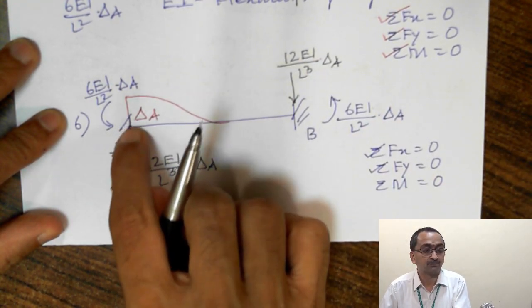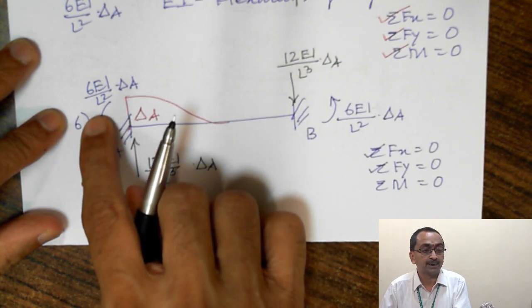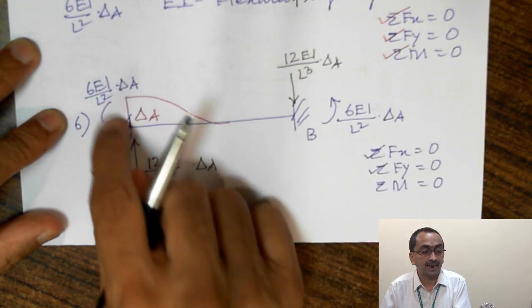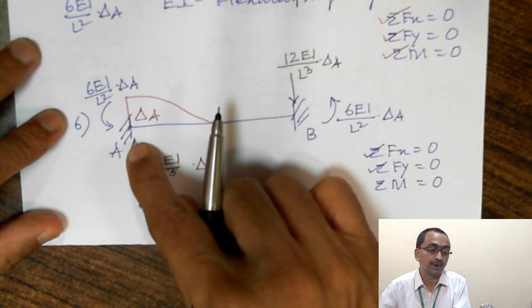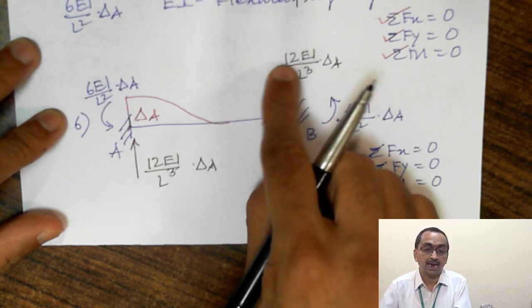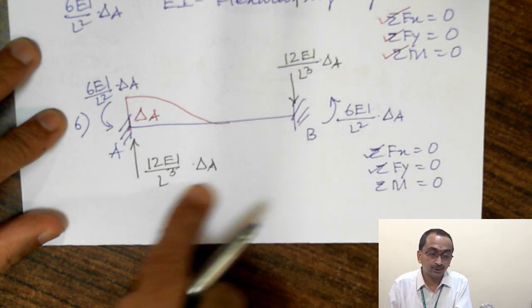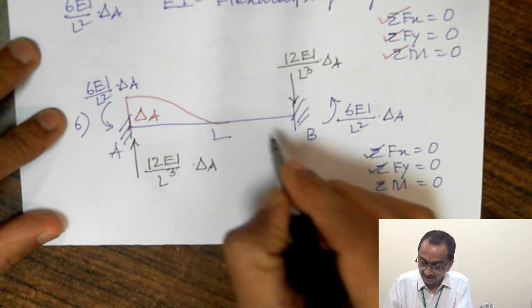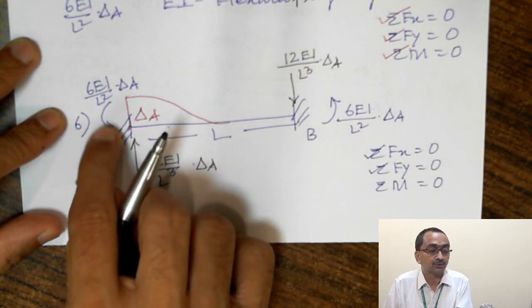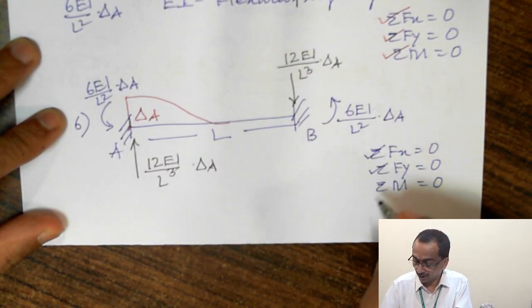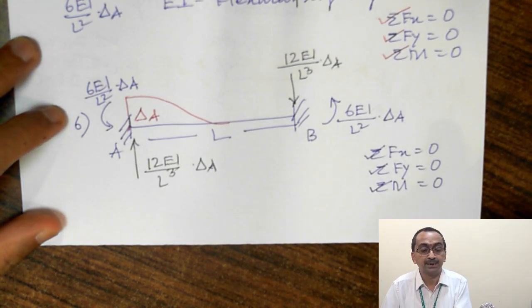And let us consider the moment acting at A. What is the moment? 6EI/L² delta A anticlockwise plus this 6EI/L², so the total will constitute 12EI/L² anticlockwise, and this 12EI/L³ into L, this is the length L, will be 12EI/L², so both will be balanced. So summation of moment at A is balanced.